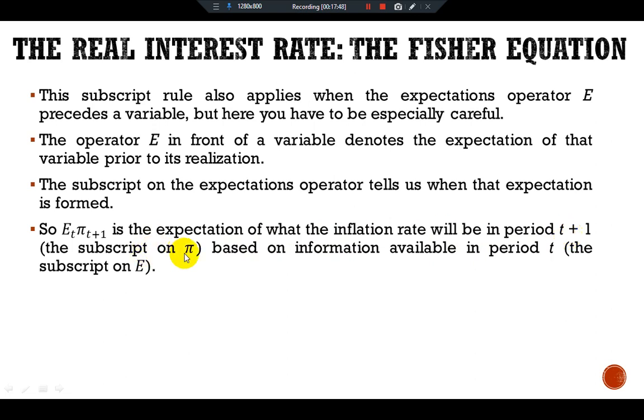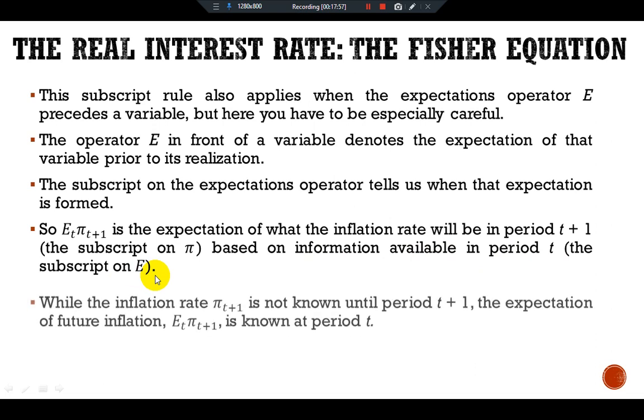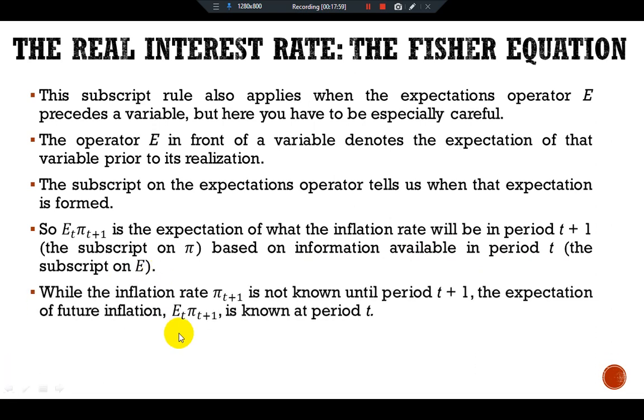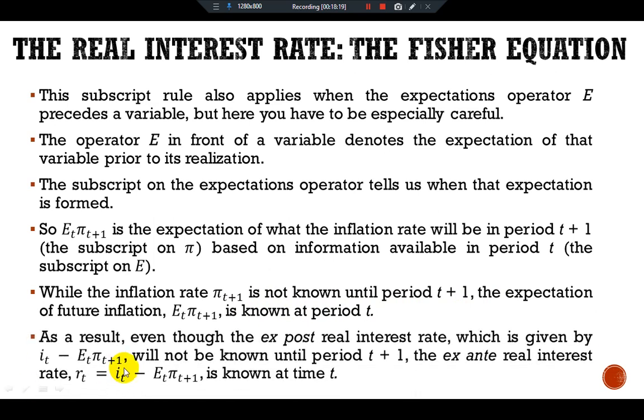The subscript on π refers to the period being forecast, and the subscript on E refers to the information available in period t. While the inflation rate π_{t+1} is not known until period t+1, the expectation of future inflation E_t π_{t+1} is known at period t. Let's move toward the further discussion about the Fisher equation.